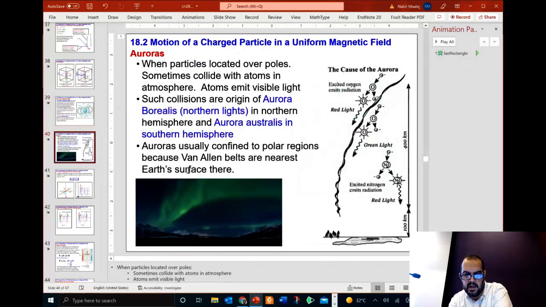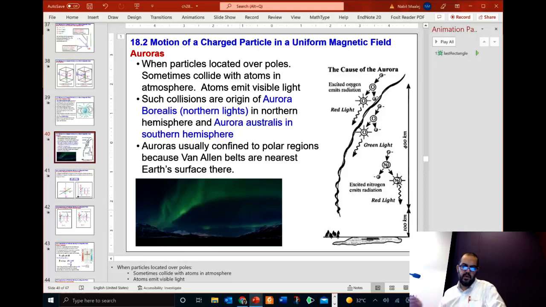For example, here we're showing an altitude of about 500 kilometers. You have electrons interacting with oxygen atoms, and they emit green light. At lower altitudes, you can have nitrogen, and when an electron interacts with the nitrogen, it excites the nitrogen atom, and when it relaxes back to the ground state, it emits a red light.